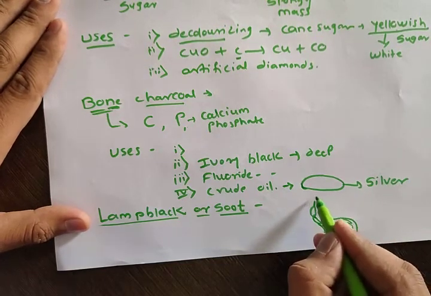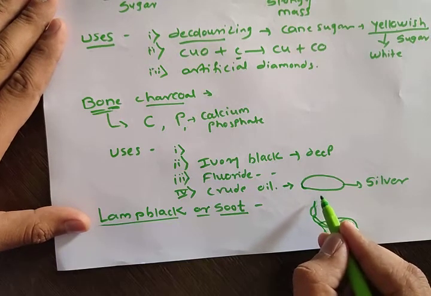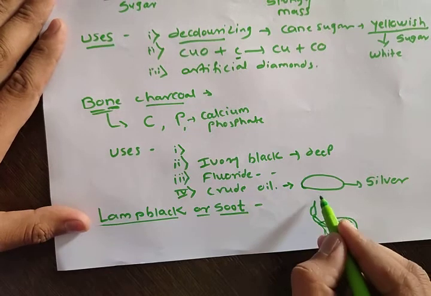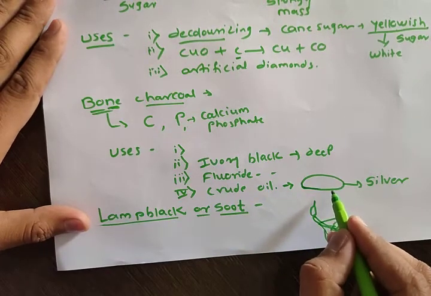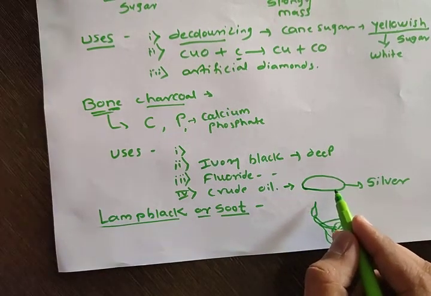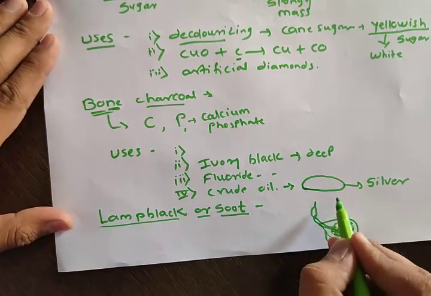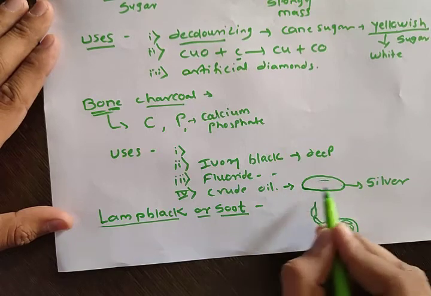Whatever black color soot is produced from the flame is collected over this silver plate. As it comes on this silver plate, the inner side of the silver plate is completely covered with black color.